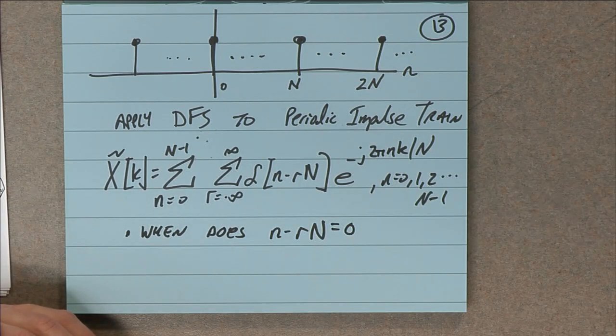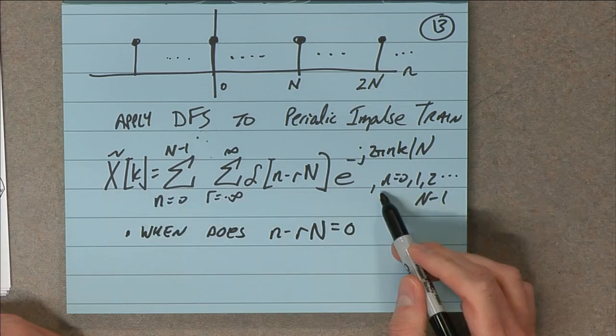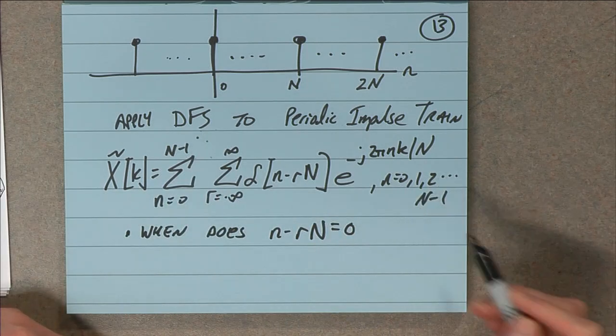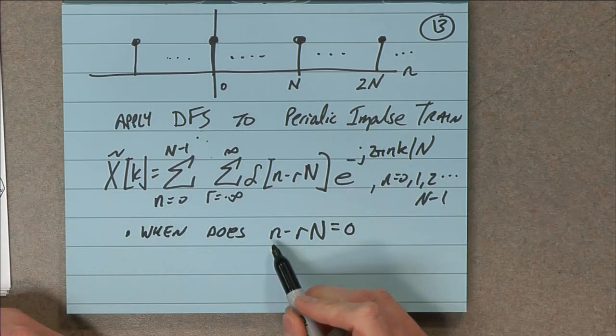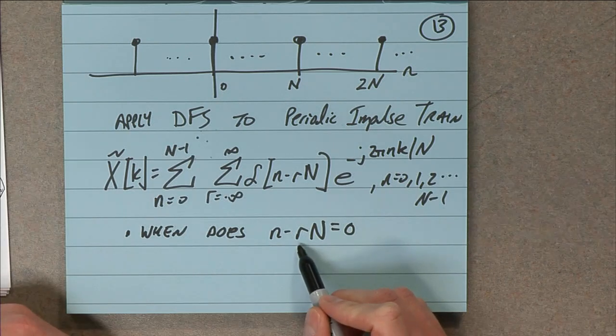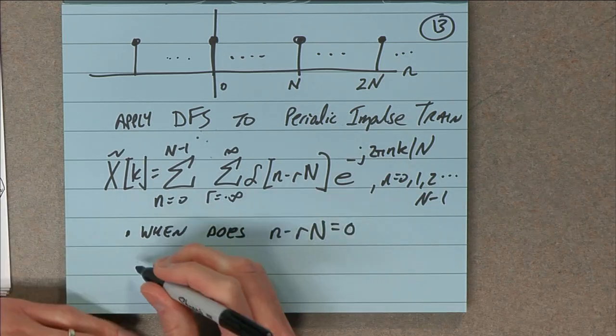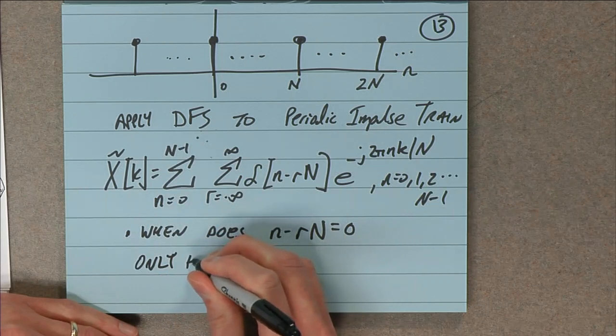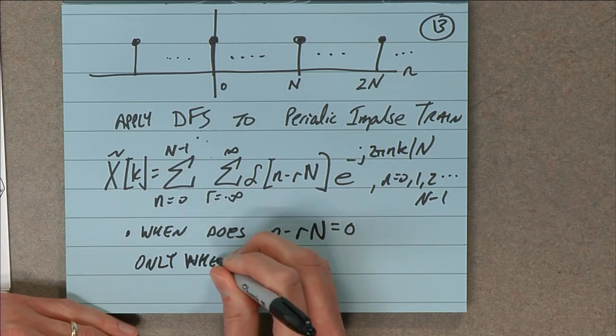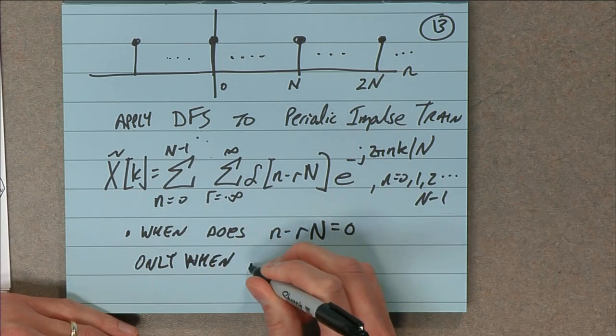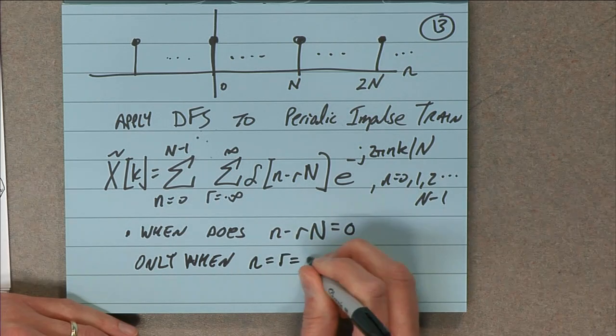At first it may seem a little bit complicated, but then you remember n can only be 0, 1, 2, up to n minus 1. So this can only go from 0 to n minus 1. And r can't be a fraction. R is another integer. So the only case is when n equals r equals 0.